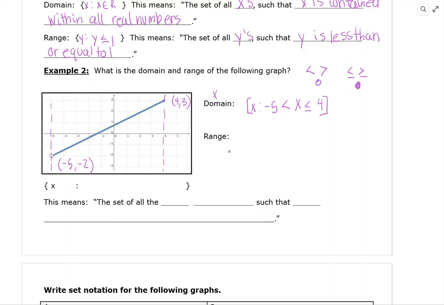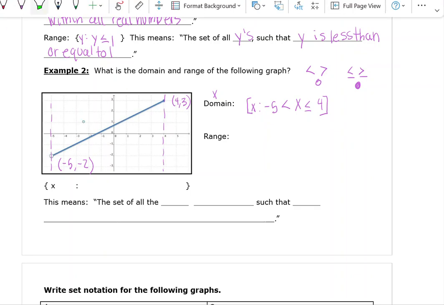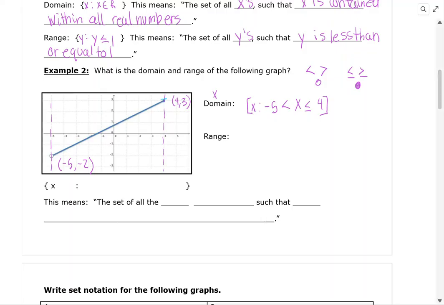For my range, I'm looking at my y values. So my y value, the highest that I'm going in this y would be up here. And my lowest for my y value would be right here. So I'm trying to figure out all the y's between this point.